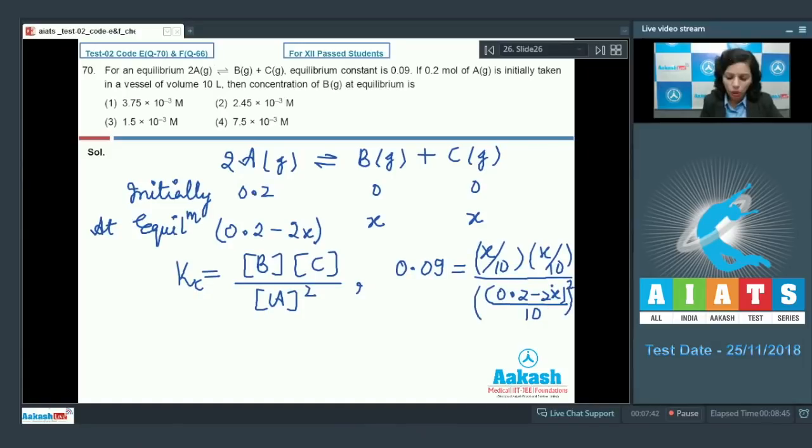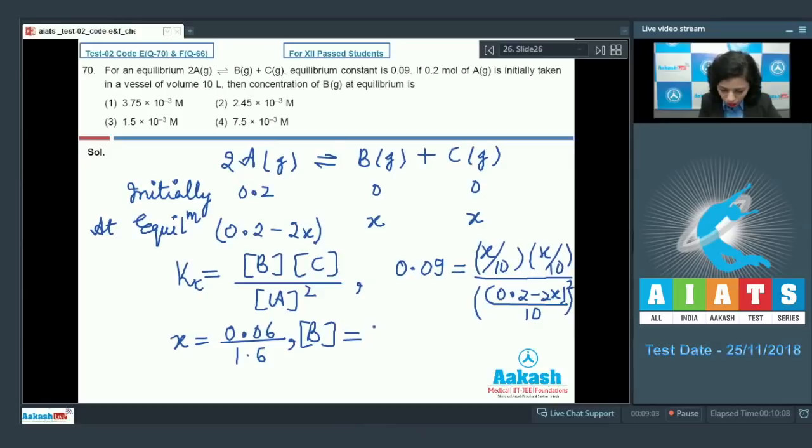Now, if you solve this for the value of x, you will find that the value is 0.06 divided by 1.6. This is the value of x that you will obtain. And if you place these values in the given equation, then you can easily find the number of moles of B as well as its concentration. The concentration of B would be equal to x by 10.